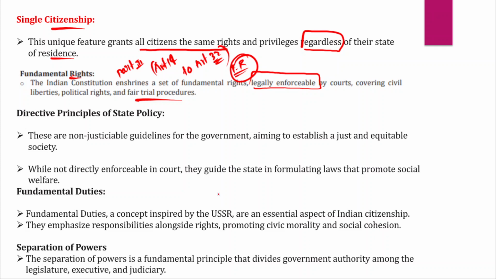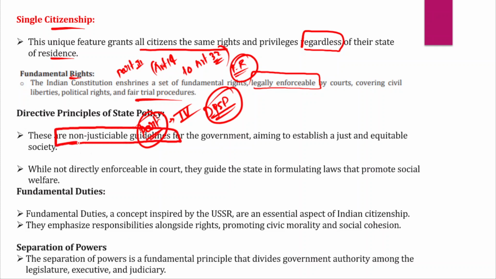And in fact, directive principles of state policy are also a significant provision of the Indian Constitution. Part 4 of the Indian Constitution talks about the directive principles of state policy. And these directive principles are non-justiciable guidelines.